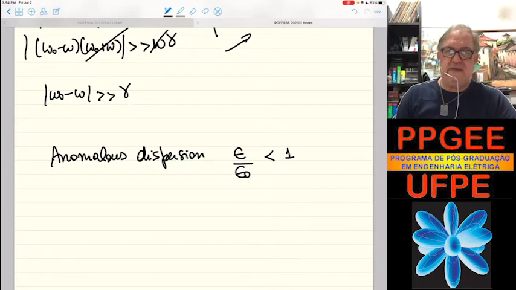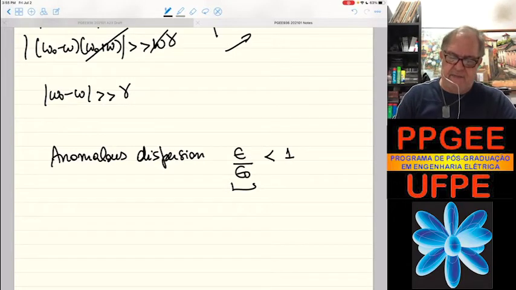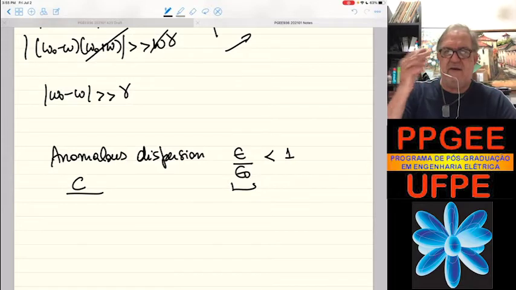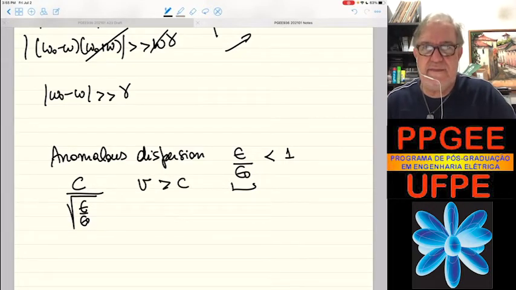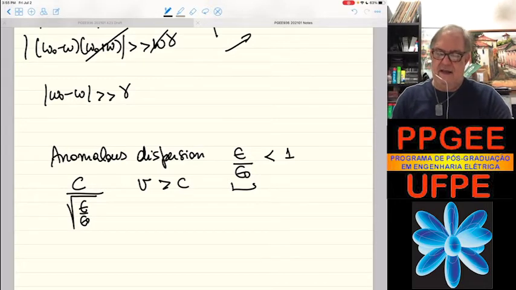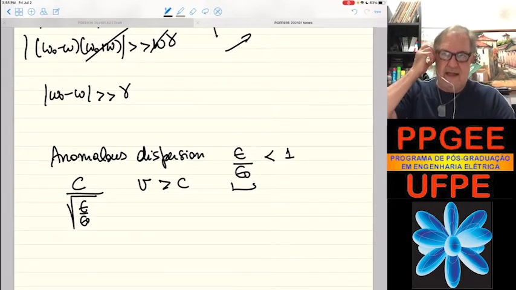We are going to see that when the permittivity is smaller, the velocity is proportional, for a low loss system, to the ratio epsilon divided by epsilon 0. So when this relative number is smaller than 1, it means that the phase velocity of propagation is larger than c. And that's the next class.